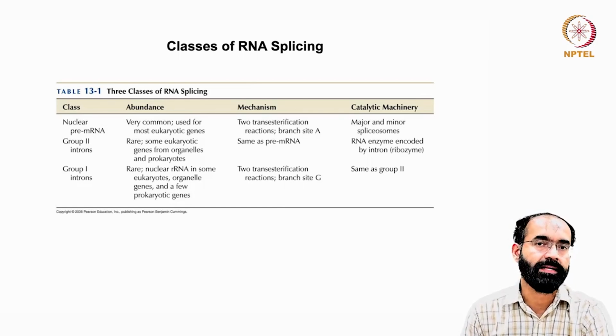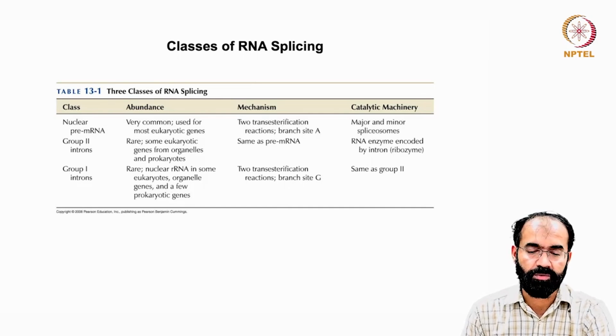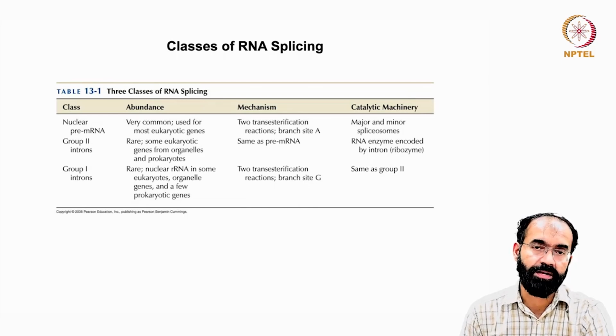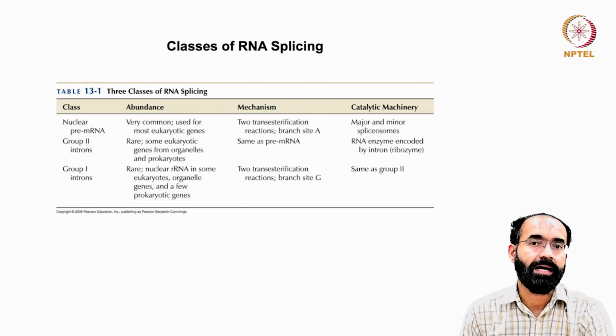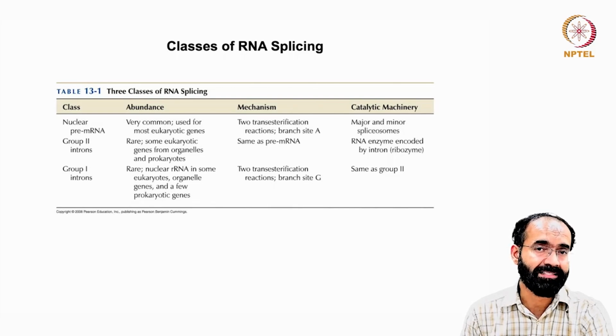There is also another category called the minor spliceosome. And group 2 and group 1 introns we saw from the ribozyme stage itself. They are not common, they are rare. They occur in some eukaryotic genes from organelles and in prokaryotes. Organelles means mitochondria in plants and animals, and plastids in plants, like chloroplasts.